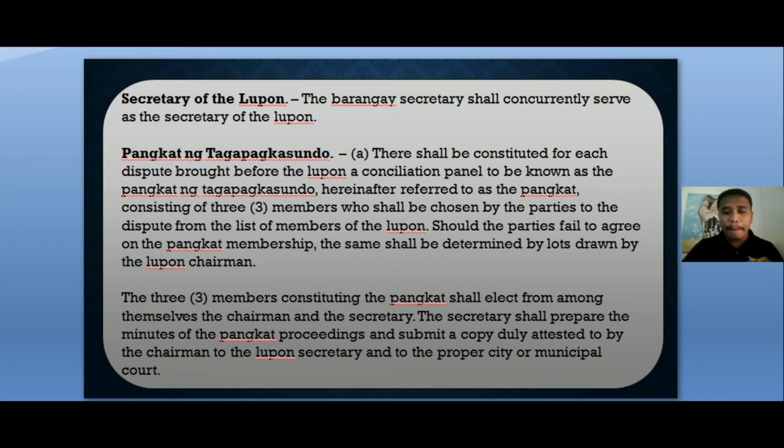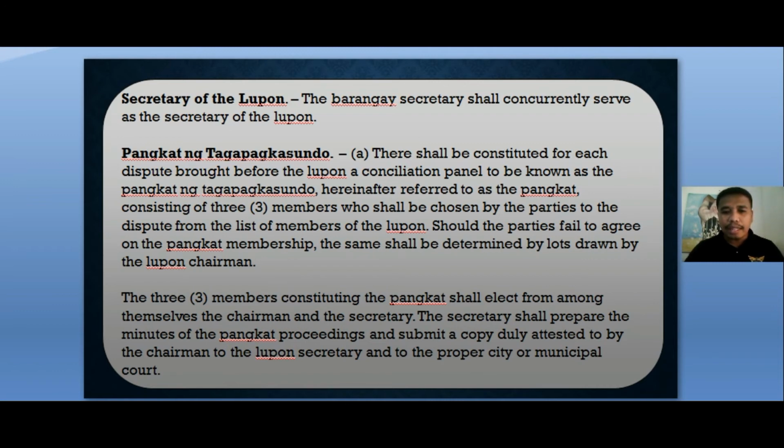Okay? The pangkat tagapagkasundo only consists of 3 members. Only three. So meaning, out of 20 people who are members of the lupon, 3 members will be selected to form the conciliation panel. So who selects the conciliation panel? Republic Act 7160 states that the ones who select are the parties involved in the dispute.